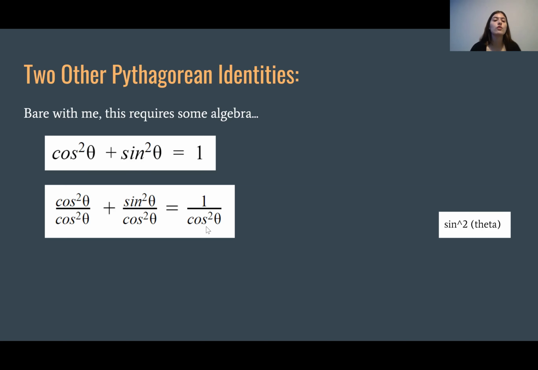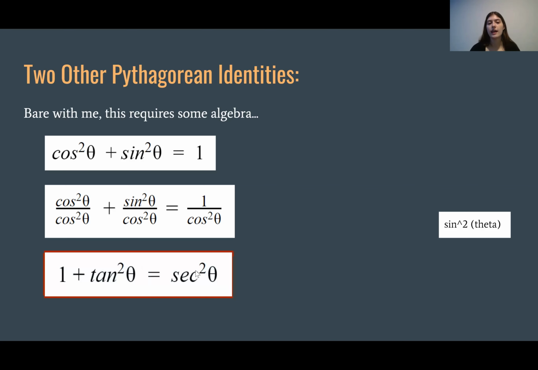So 1 over cosine squared is equal to secant squared. That is how we get our second Pythagorean identity. This reduces down to 1. Sine squared over cosine squared is tangent squared. And when we add those together, they equal 1 over cosine squared, which is the same thing as secant squared. So here we reduce the fraction to 1, here we use the quotient identity to come up with tangent squared theta, and here we use the reciprocal identity to come up with secant squared theta.